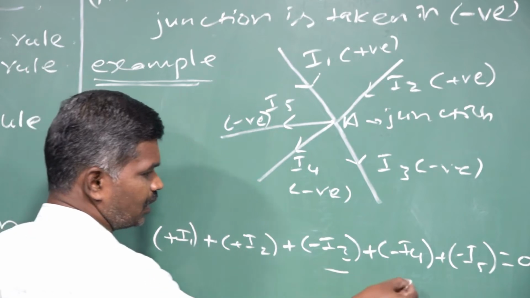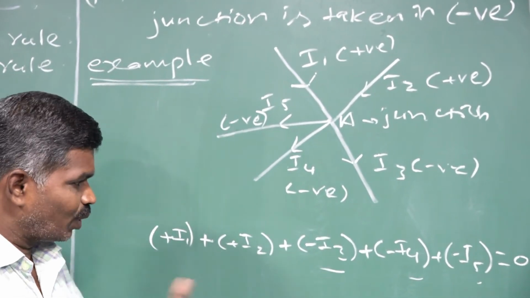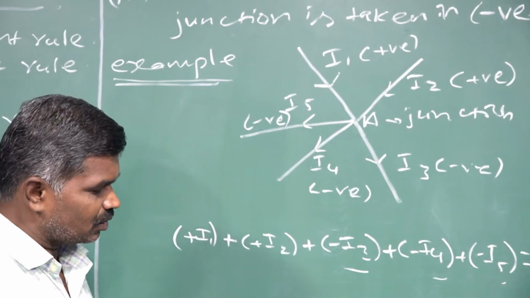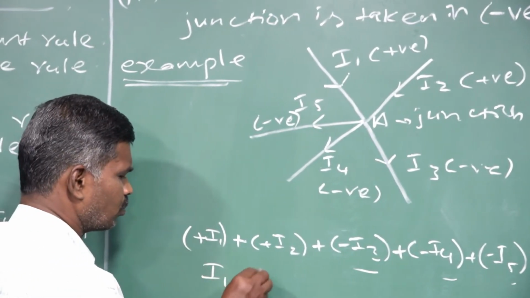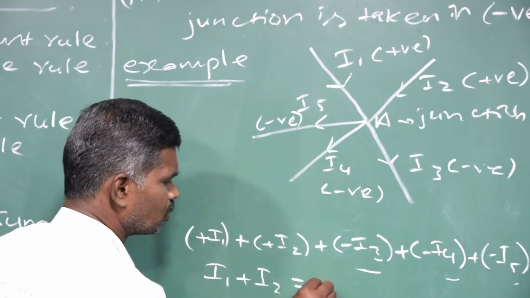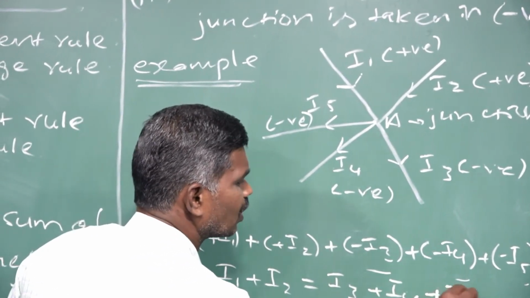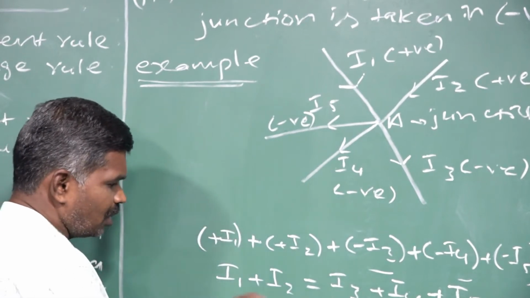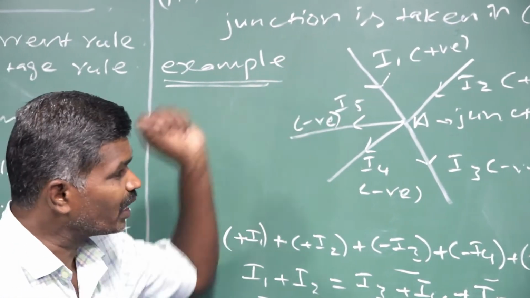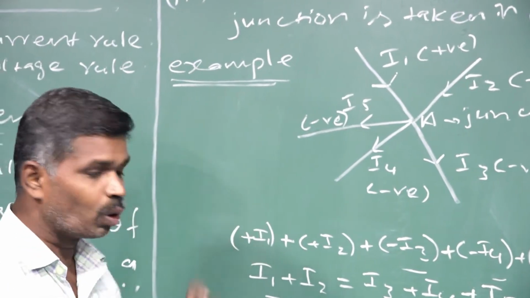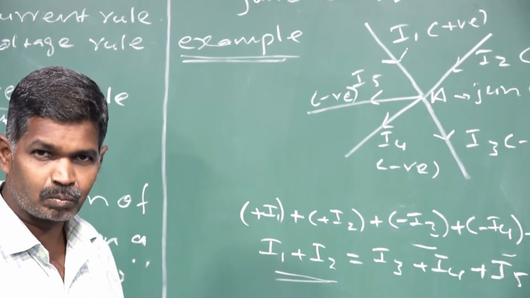But these three, I3, I4, I5 are in negative value. That's why I am going to take these three to the other side, and take I1 plus I2 equal to I3 plus I4 plus I5. So these two currents are moved towards the junction. This total current alone moves away from the junction.